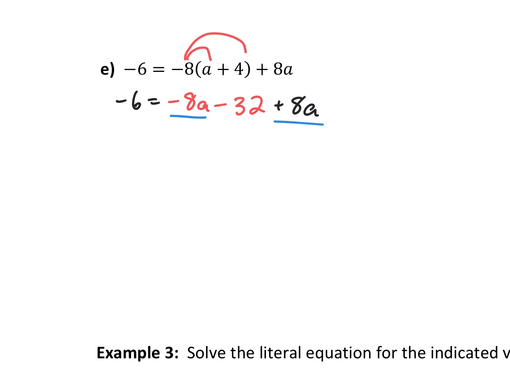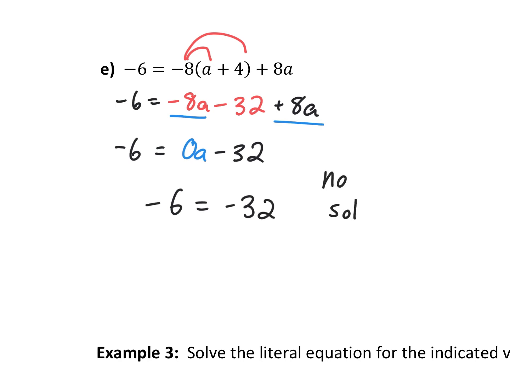So negative 8a, positive 8a, that will give a 0a, and then bring everything else down. But I don't have to write my 0a, so really it's negative 6 equals negative 32, which means it is no solution, because it is a false statement. Negative 6 will never equal negative 32.